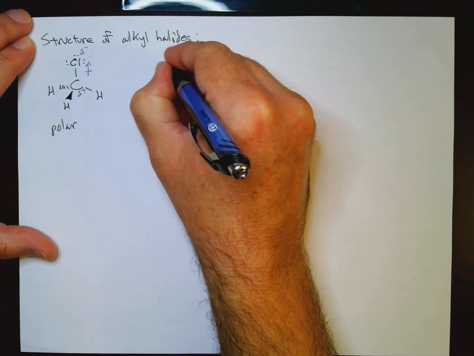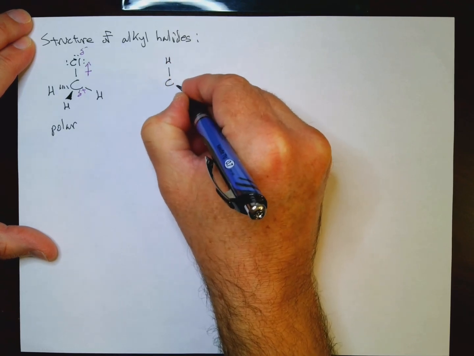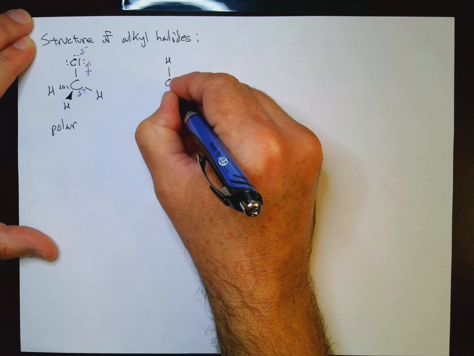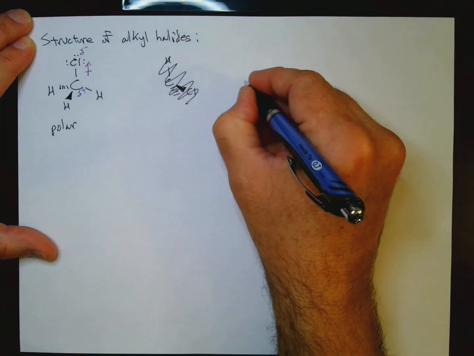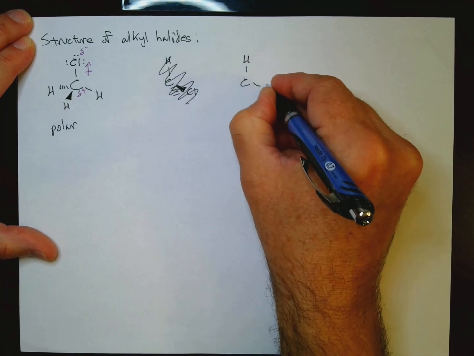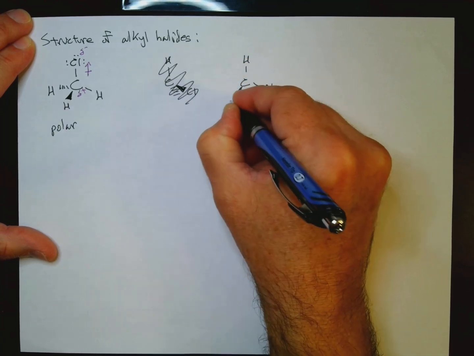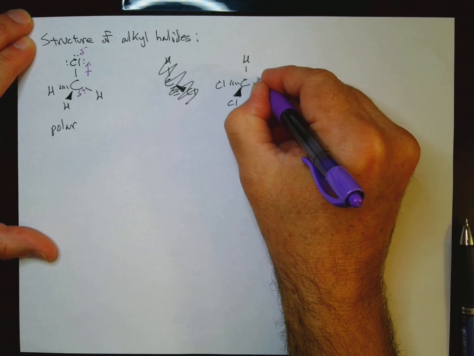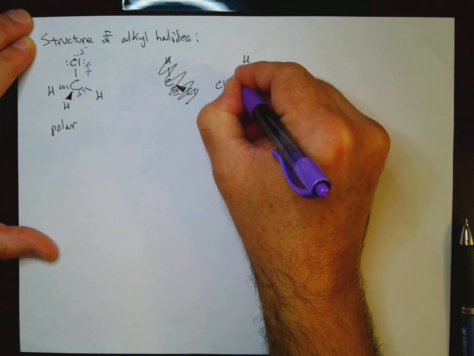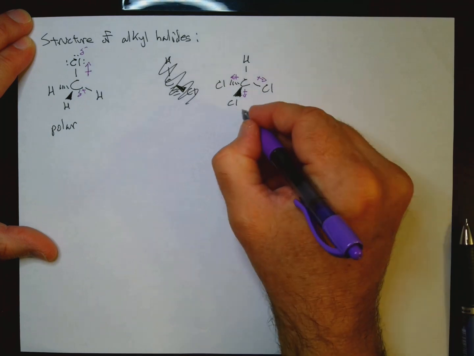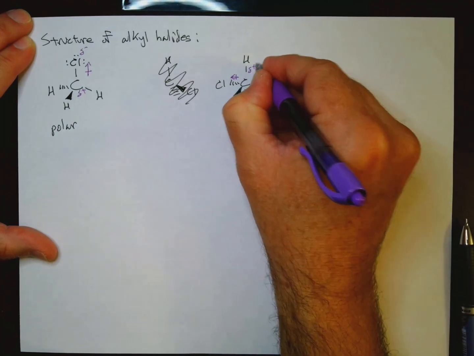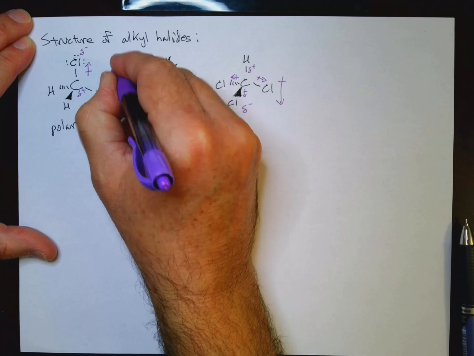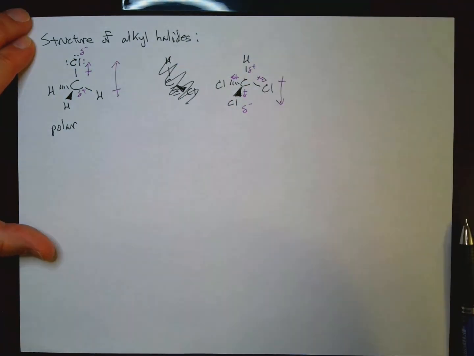Interestingly, if we have chloroform, now I've got 3 polar bonds here. And then I'm going to end up with a delta minus at this end and a delta plus at that end. I'll have a net dipole moment, going towards the chlorine.